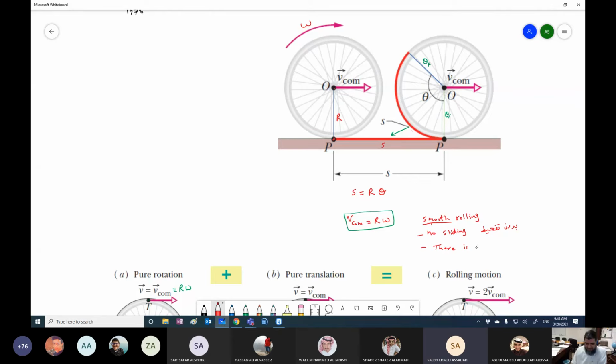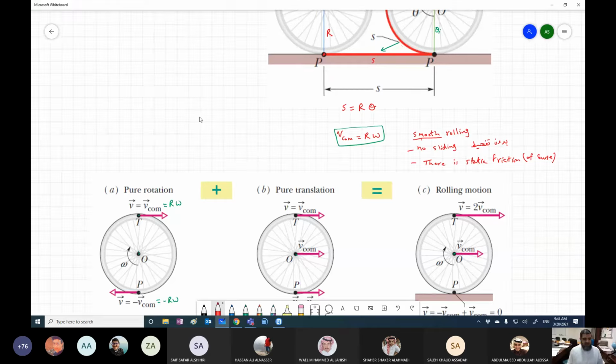There is a static friction. المفروض انه كل الدوران بيتحول الى حركة انتقالية. معناها there is no slipping. الكفر ما بيسقط. الكفر ما بيزحلق. There is a static friction of course. There is a static friction، وبين قوسين كده of course. اوعى تنساها. There is static friction.